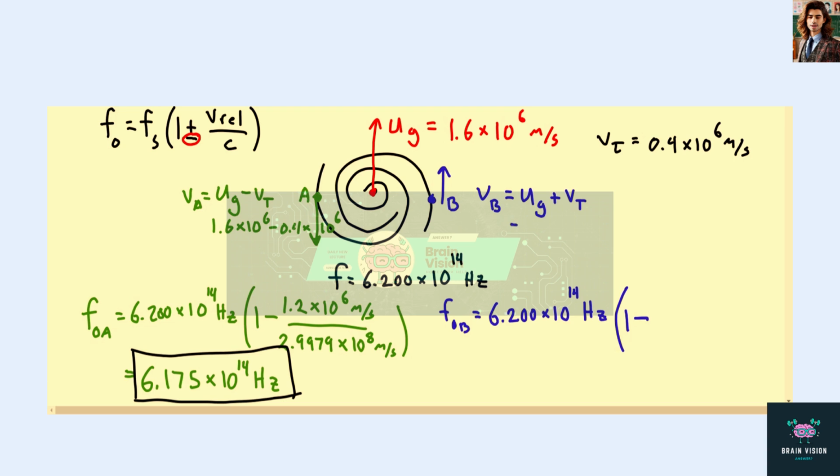And in this case, the velocity at B is 1.6 times 10 to the 6 plus 0.4, moving in the same direction. So those velocities are going to add together. And that gives us 2.0 times 10 to the 6th meters per second. Again, dividing by the speed of light, 2.9979 times 10 to the 8 meters per second.